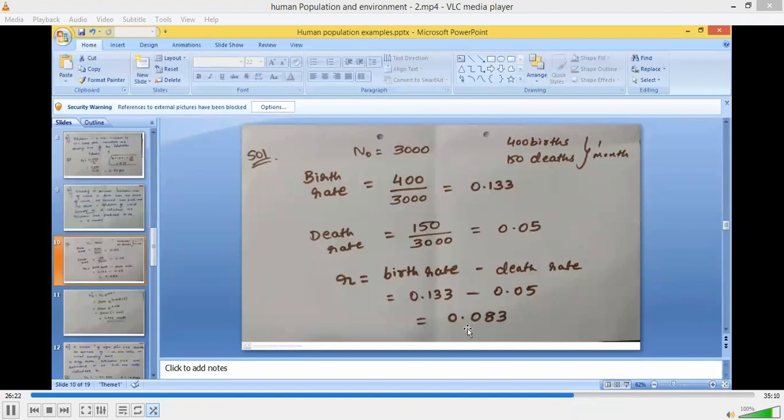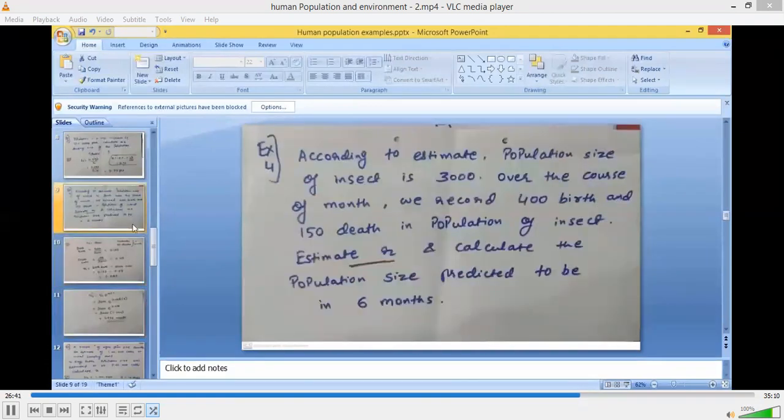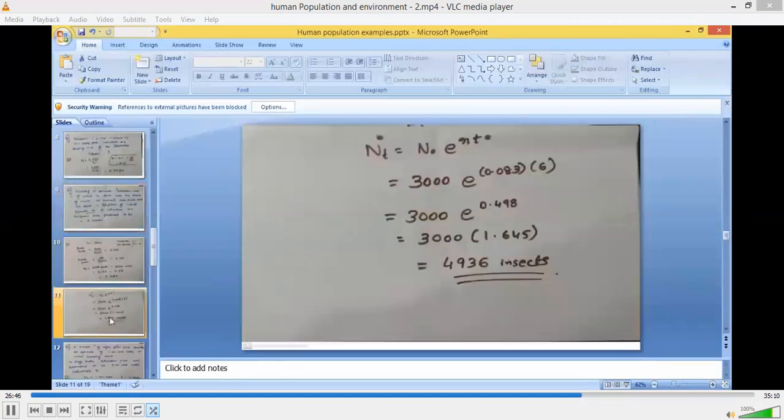Now you have the value of r, you have the value of n naught. So substitute in this equation. n naught is 3000, e raised to r was 0.083, and t is 6, because it is given as 6 months, that is why I have to put 6.